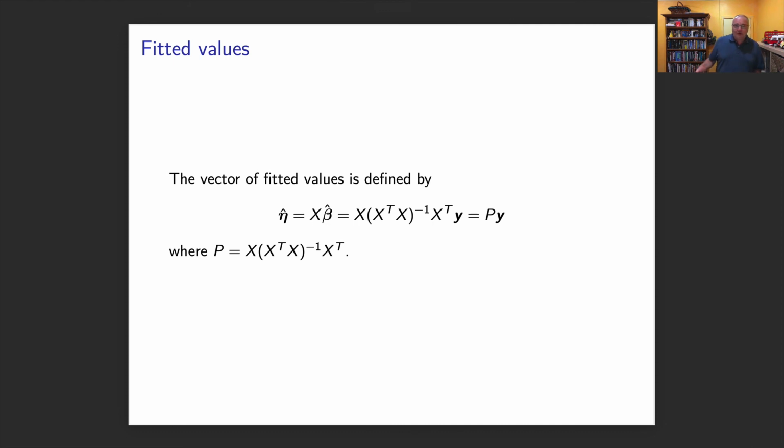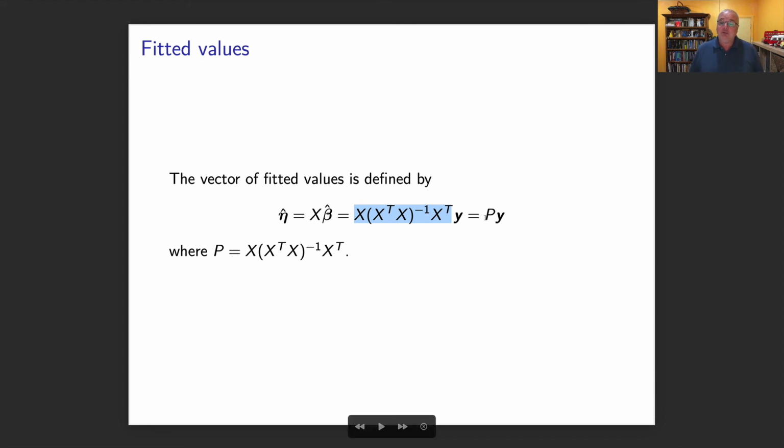What if I want to get the fitted values? Well, I would just substitute in my beta hat. So it's going to be X times beta hat, which we denote by eta hat. Remember, eta is the expected value of our y. So if I substitute in beta hat, that's going to be X (X transpose X) to the minus 1, X transpose y. This thing here, X (X transpose X) to the minus 1, X transpose, will come back again and again and again.